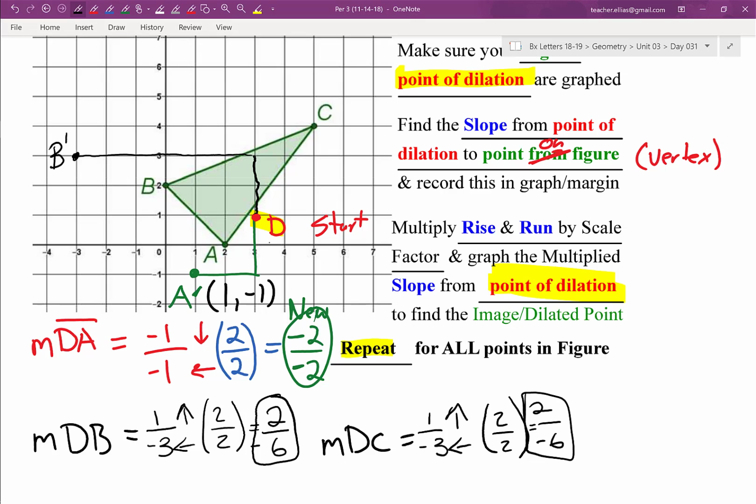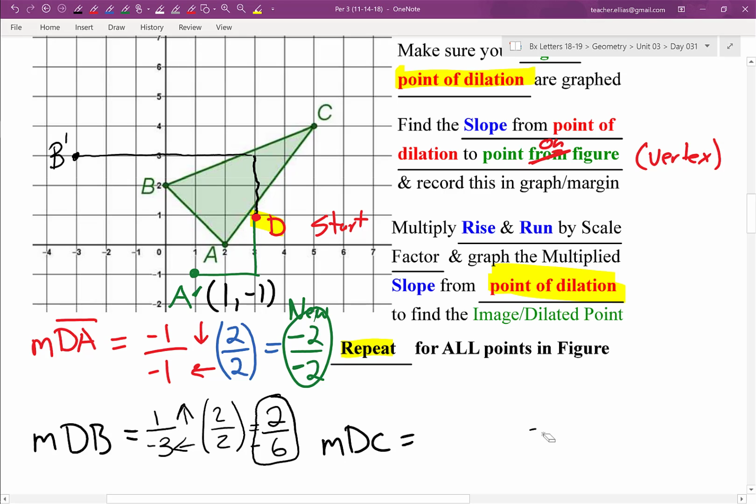What operation is dilation? So we're not going to go up 3. Why 6? Good, so we're going to go up 6. And how much are we going over? Why 4? Perfect, so we're going to go over 4. So it comes over right there. Connect them and that's it.